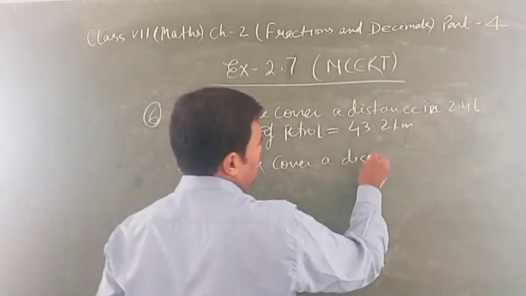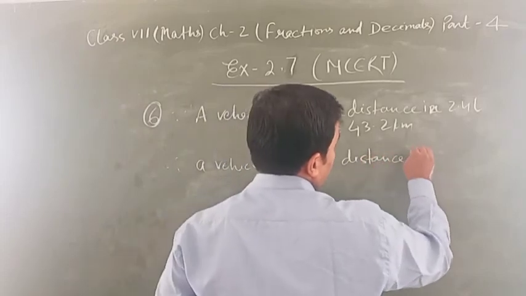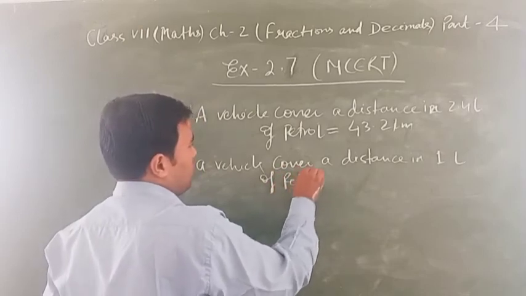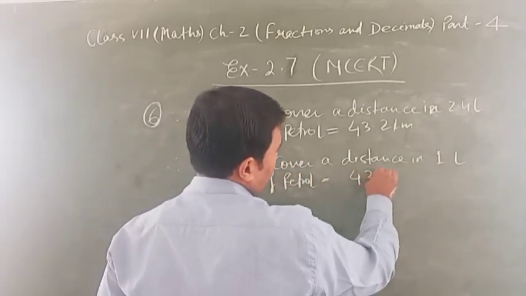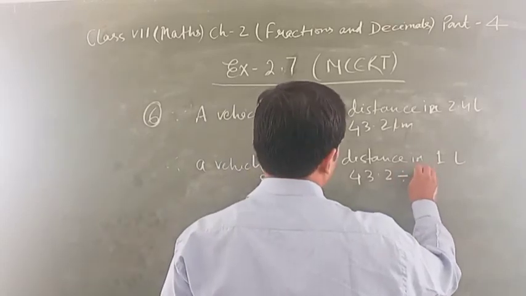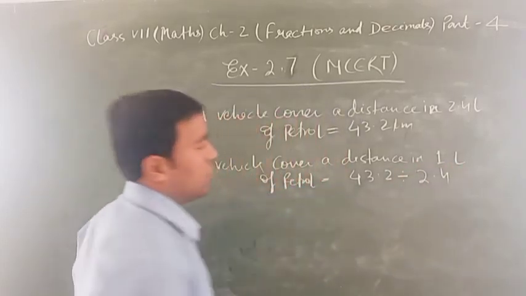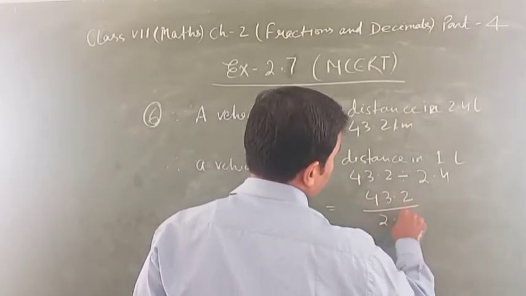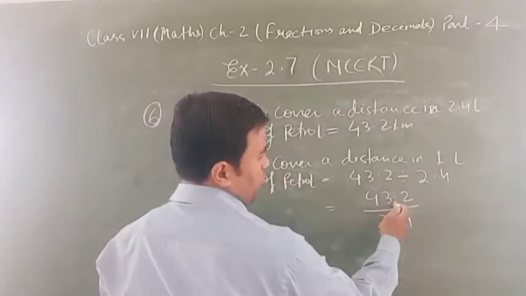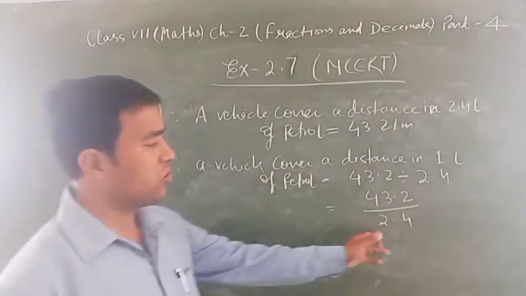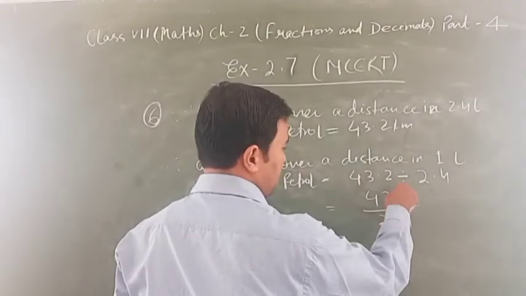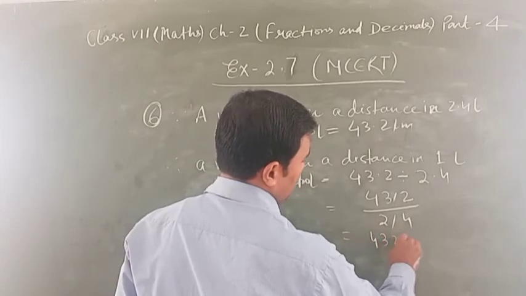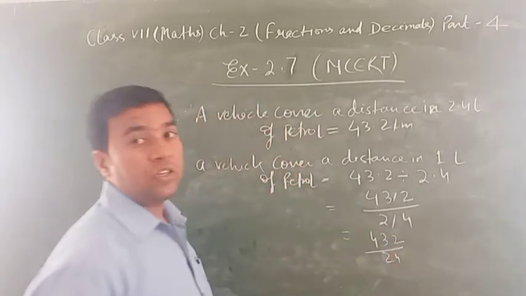So therefore a vehicle covers a distance in 1 liter of petrol equal to 43.2 divided by 2.4, means 43.2 upon 2.4. After the point one number is here, here also after the point one number. Point is removed, cancel, means 432 by 24.